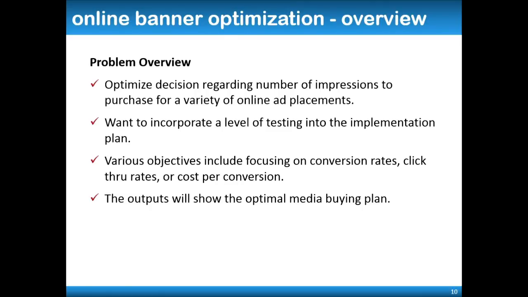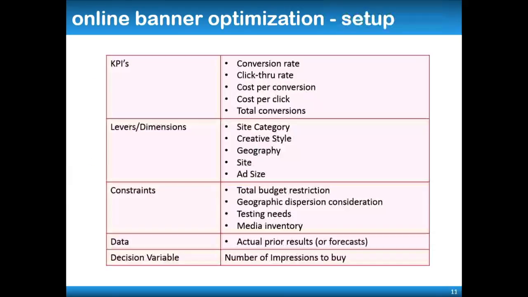A lot of different objectives that we might have. We want to obviously improve things like conversion rates and the number of people that we can convert, and decrease things like cost per conversion. So there are a lot of objectives or KPIs that we might focus on. And again, at the end of the day, the output we're looking for is the optimal media plan. Okay, what should we buy?